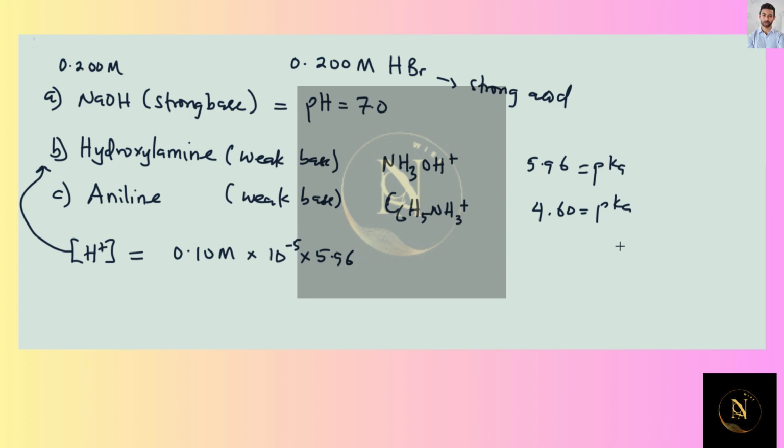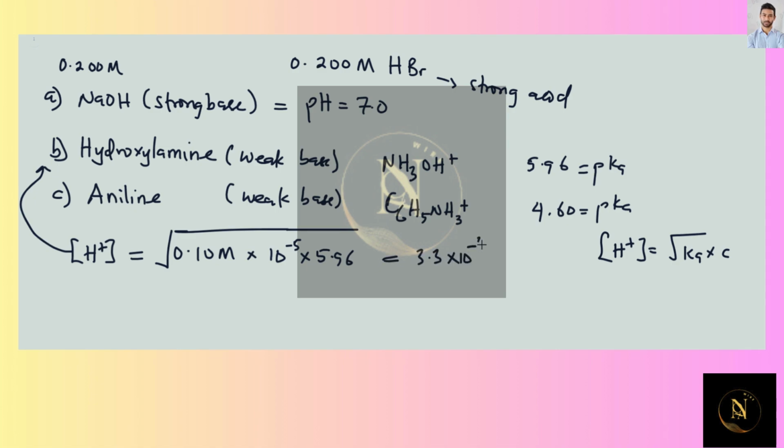The way I got this equation is to say H+ concentration equals the square root of Ka multiplied by concentration. So this is the concentration and this is the Ka. The value is 3.3 times 10 raised to the power minus 4, and then pH, the negative logarithm of H+ concentration, gives us 3.5.